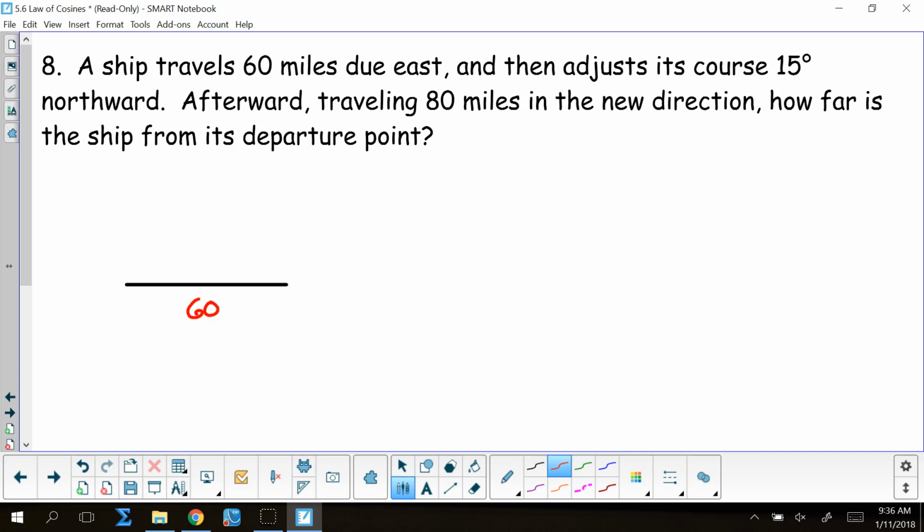So, my guess is then we'll call this over here its port. We'll say it left from port.